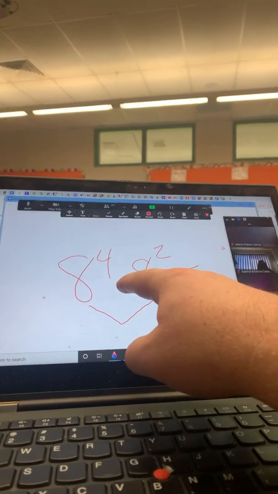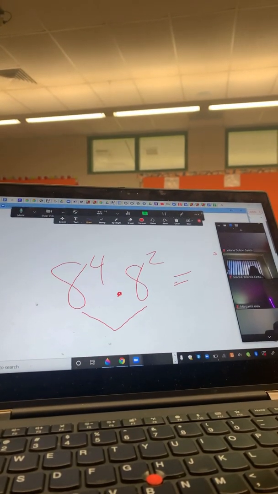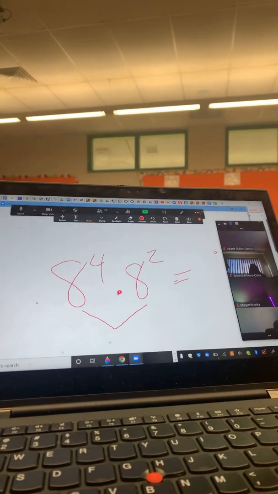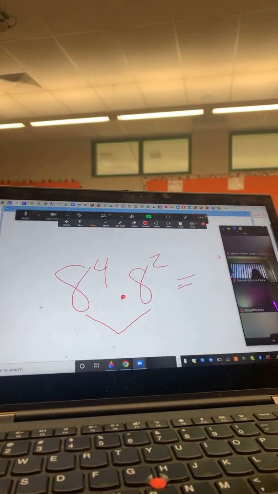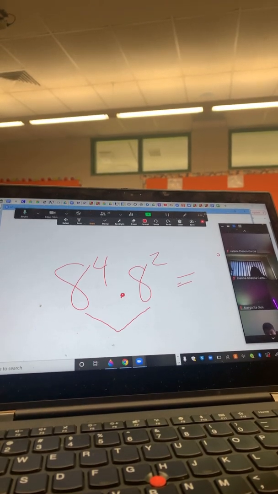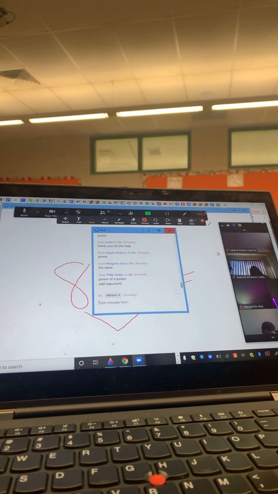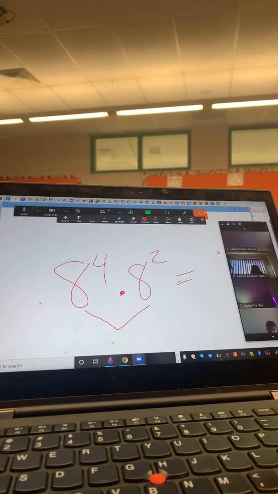This is the times. What is the first thing we have to do whenever we see a multiplication problem with two different powers? We have to identify what needs to be the same.